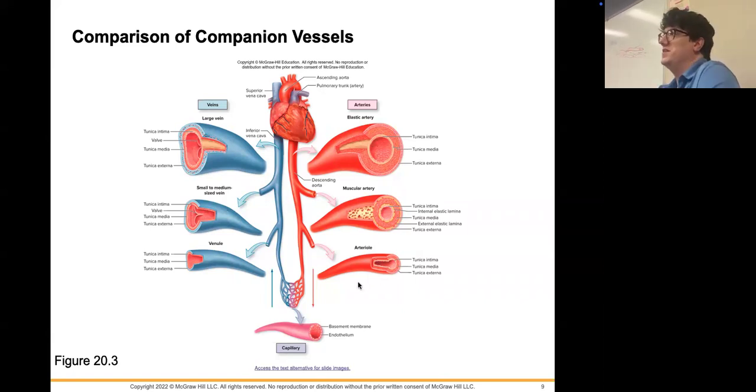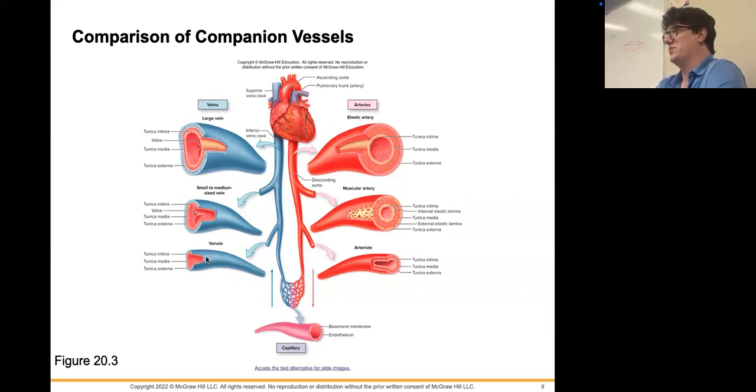This is where we're going to start to allow blood to get to particular capillary beds and things like that. So we can get a lot more precise with our control in our arterioles. Here, we've actually lost most of the force in the blood, so we don't need nearly as much elastic tissue. So you're not going to find those distinct bands. At this point, we're basically just some smooth muscle underneath the tunica externa.